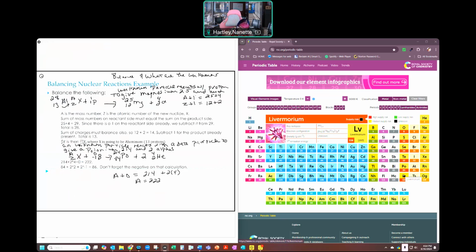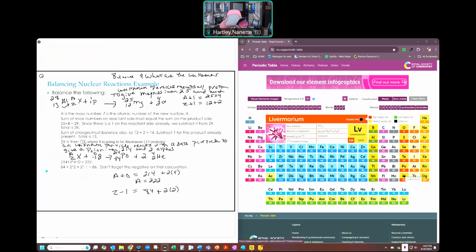I can do the bottom part. So I have my Z minus 1, because it's a -1 that's right there, is equal to 84 plus 2 times 2. So 84 plus 2 times 2. And then I need to get that -1 to the other side, so I subtract the -1.